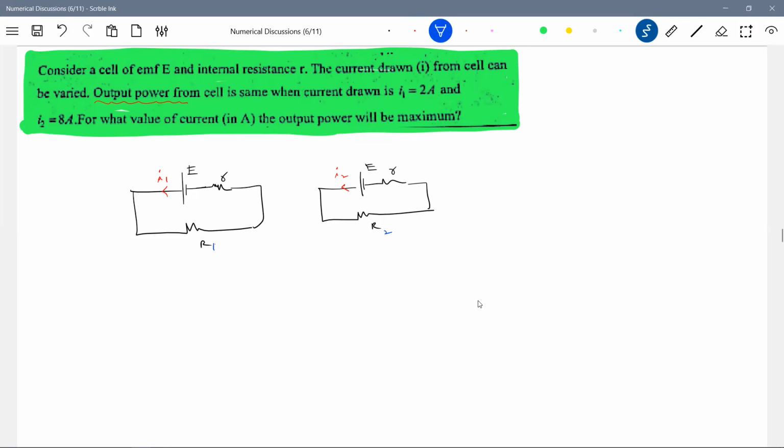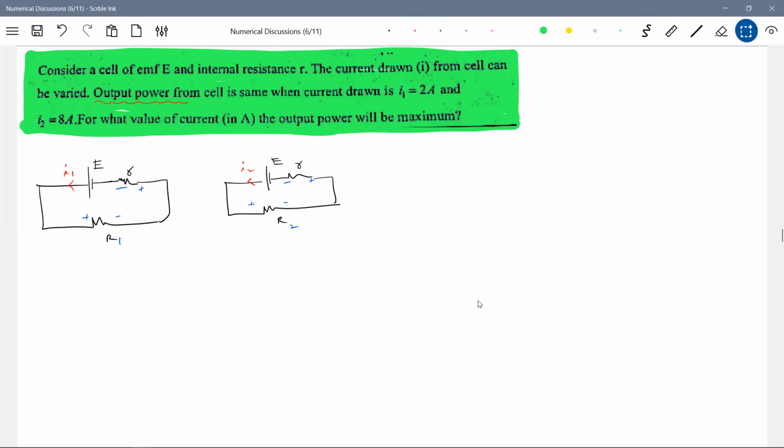Okay, let's write further. Let me write the loop equation. So this will become E minus I1 R1 minus I1 R equal to 0. Looking at the second circuit, E minus I2 R2 minus I2 R equals 0.